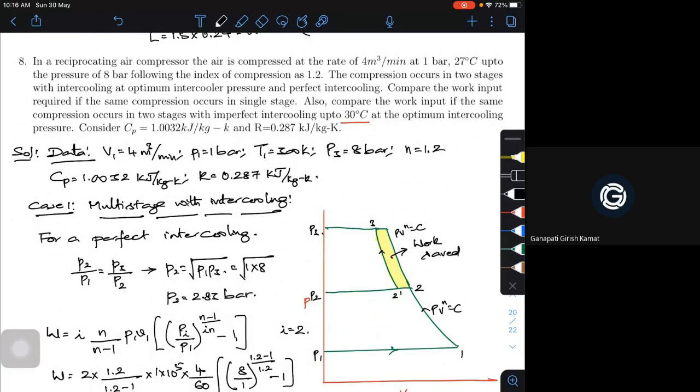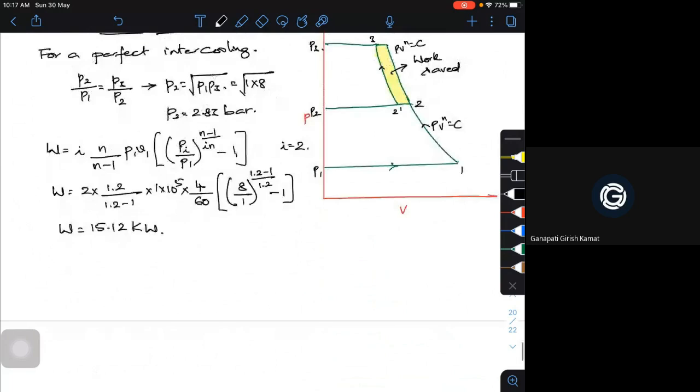The mass flow rate is given by P1 V1 equal to m R T1, so m is equal to P1 V1 by R T1. P1 is 1 into 10 to the power of 5, V1 is 4 divided by 60, R is 0.287 into 10 to the power of 3, and T1 is 300 Kelvin.